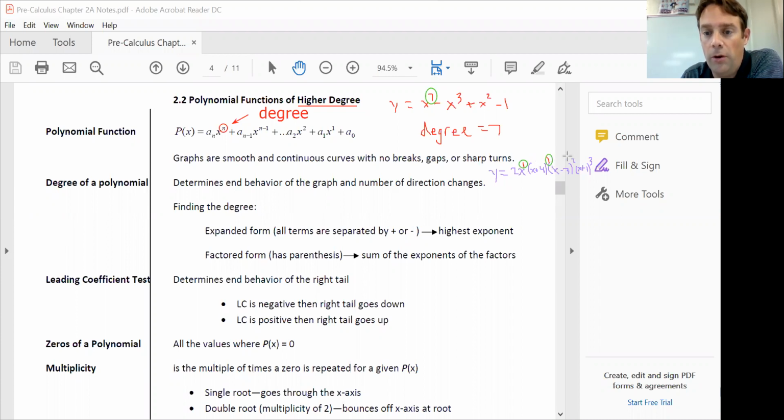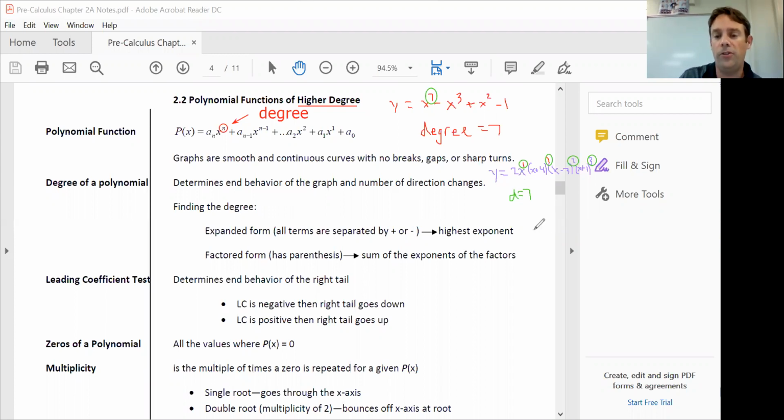There's a 1 there. There's a 2 there, and there's a 3. So if I add up all those numbers, then I would get the actual degree. In this case, the degree, and I'm just going to write D for degree, would be 7. Again, this would be another 7th degree polynomial. It's just that the first one, the red one, is in general form, and this purple one is in factored form.